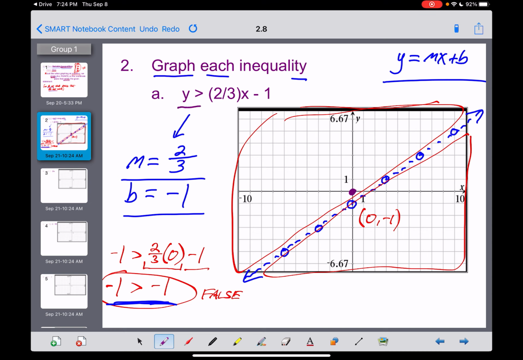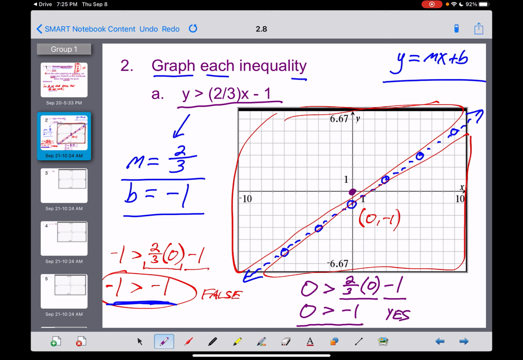So I'm looking back at the original statement right here. y is 0, and I want to know, is that greater than 2/3 times an x coordinate of 0 minus 1? 0 is greater than, and here we go, everybody, 2/3 times 0 is 0. 0 minus 1 is -1. And is 0 greater than -1?